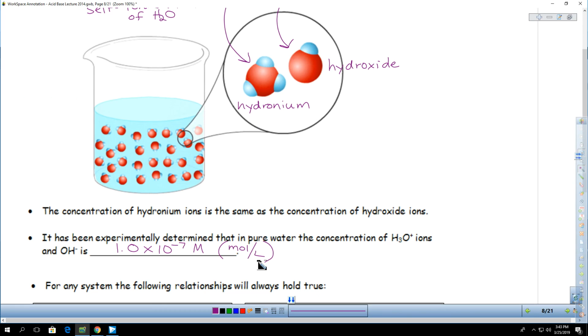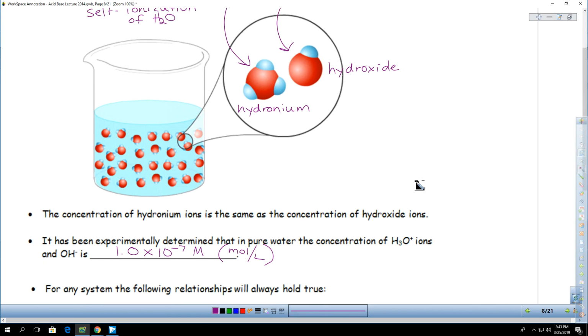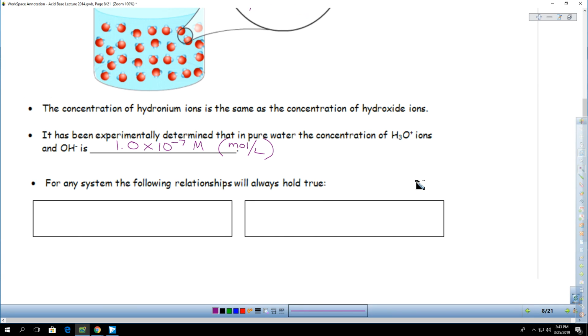So it's really small, which makes me think that in a liter of water, 99.999% of all the particles are neutral water molecules. It's just on a very rare occasion that we get this self-ionization. Oh, well, here's why the pH of water is 7.